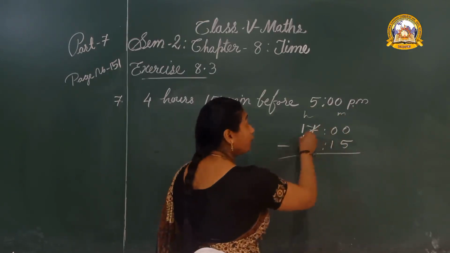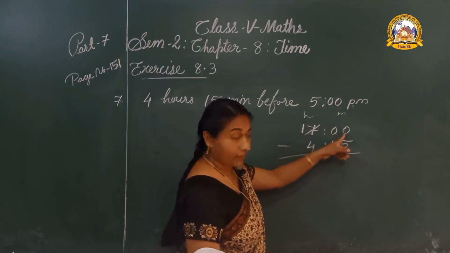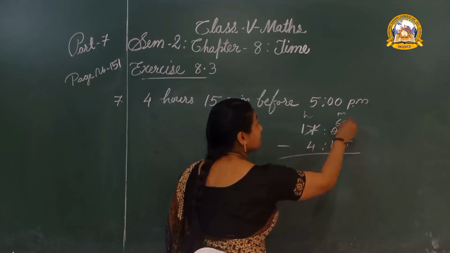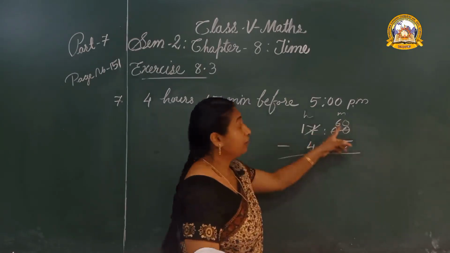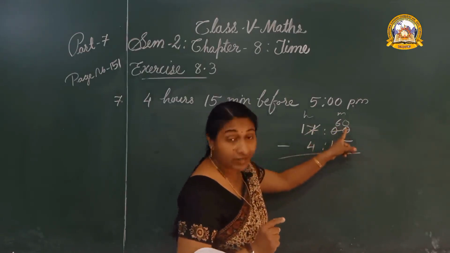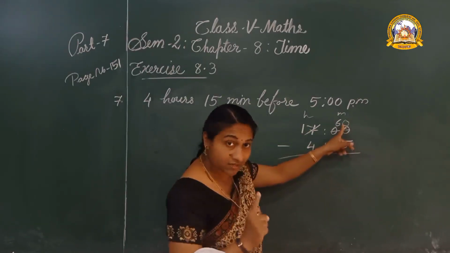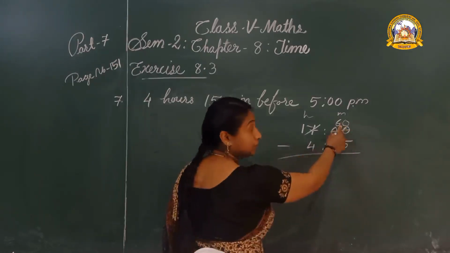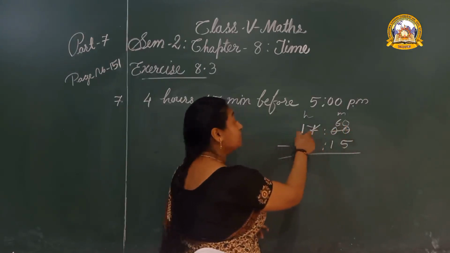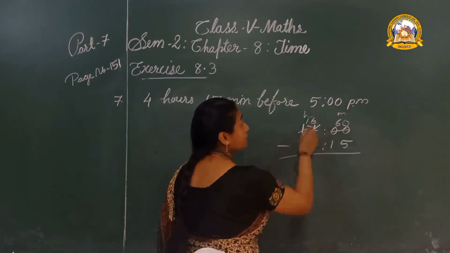Okay, borrow 1 hour from here and make it 60 minutes. When 1 hour moves to minutes column, it will become 60 minutes. Now there are 60 minutes, but here only 17 minus 1, 16 hours.